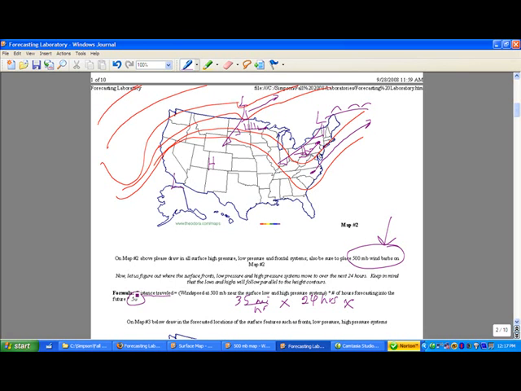Now this 0.5, the reason we're taking half here is because the wind speed is at 500 millibars. We don't want the actual wind speed at 500. We want the winds at the surface. So we build in this correction factor of 0.5. The surface features, such as the cold front and the warm front, are going to move at about half the speed of the winds at 500 millibars.